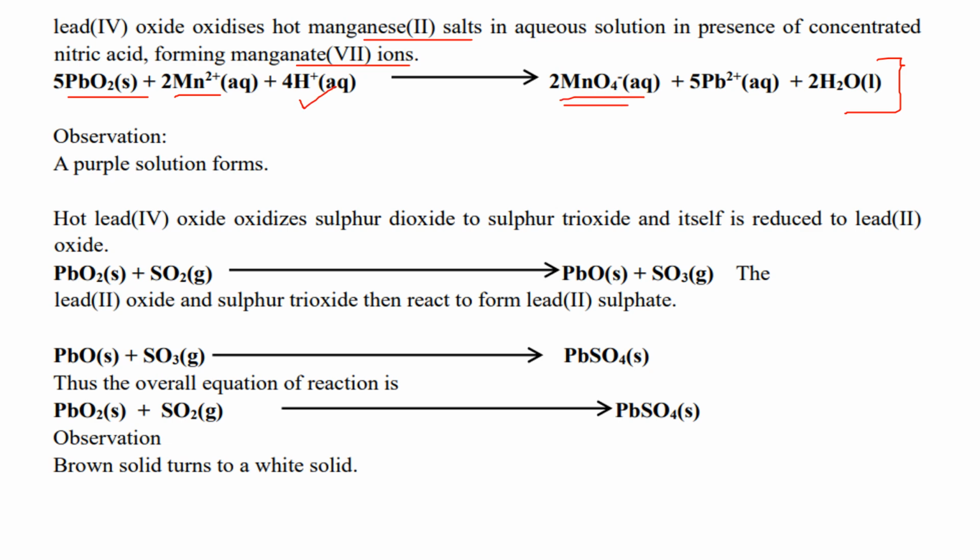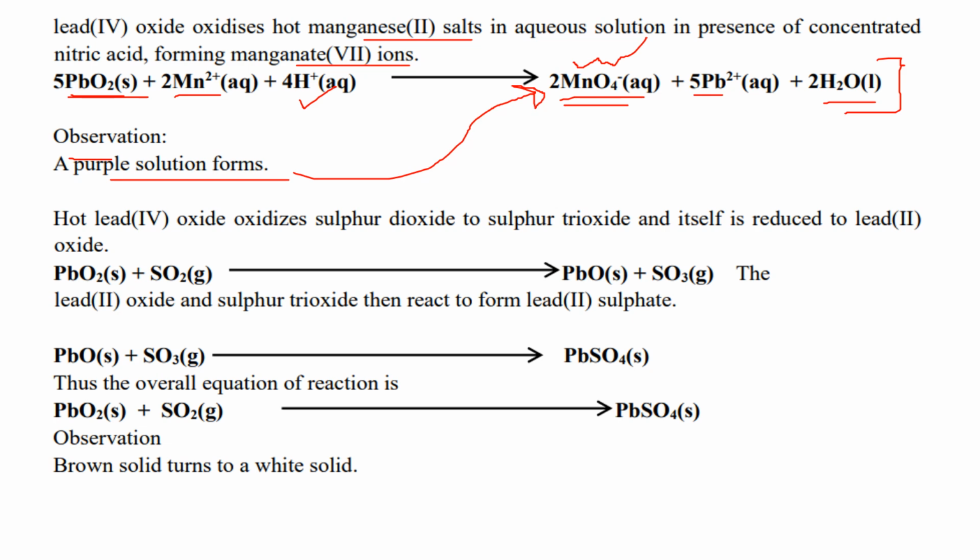So we shall see a brown solid dissolving in the colorless solution to form what you call the purple solution, because manganese 7 ions make the solution purple. And then lead, after oxidizing, gets reduced to lead ions together with water. Now the observation for that is going to be a purple solution being formed, because any compound containing manganese 7 ions forms a purple coloration.